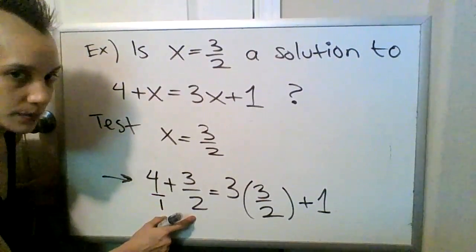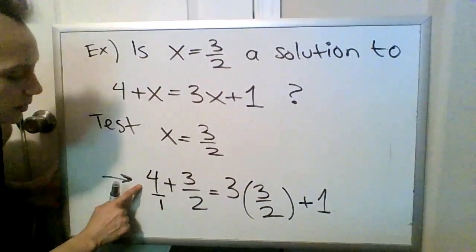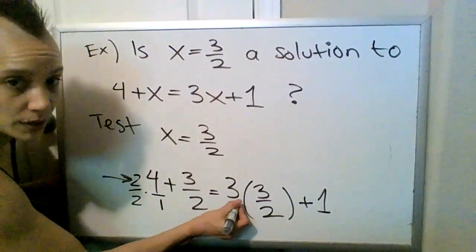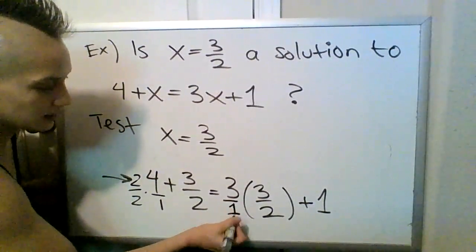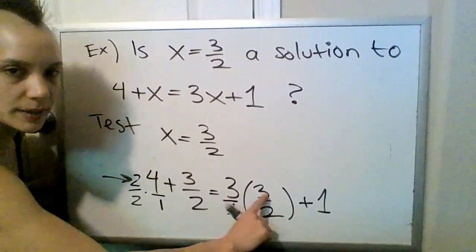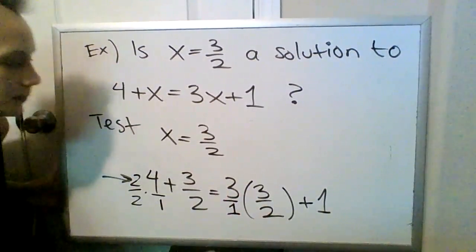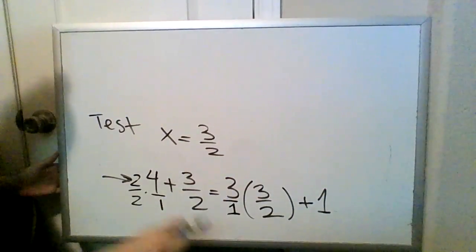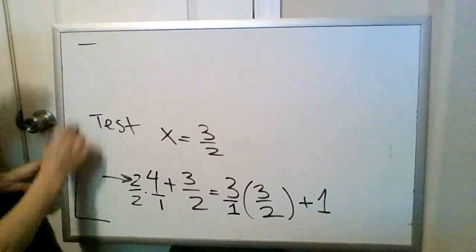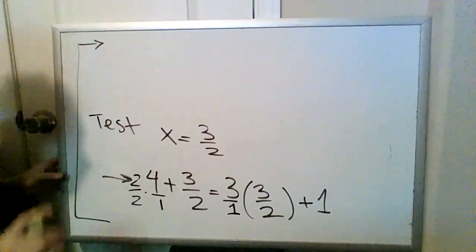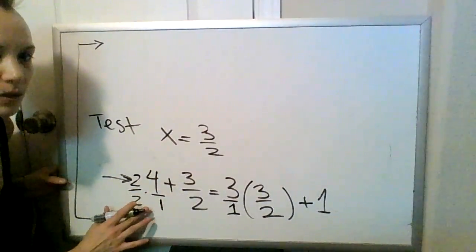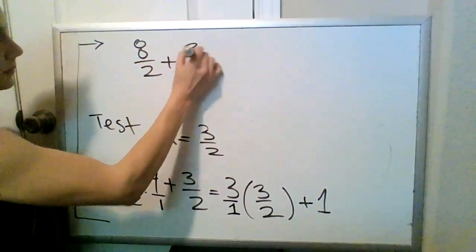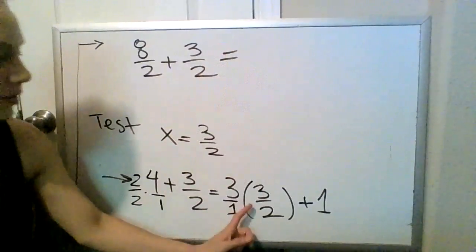LCD on this side is 2. So this needs to be multiplied by 2 over 2. And put 3 over 1. Then I'll have 3 times 3 over 1 times 2. So we're at 8 over 2 plus 3 over 2, equal to 9 over 2.